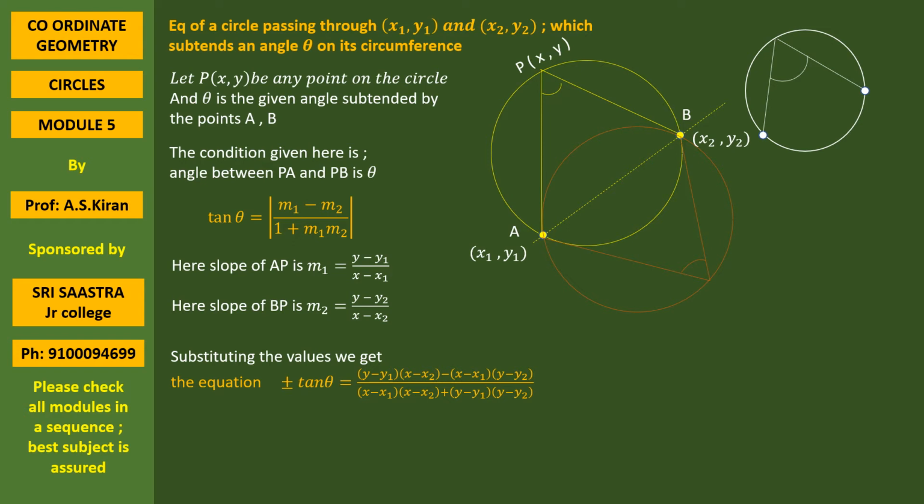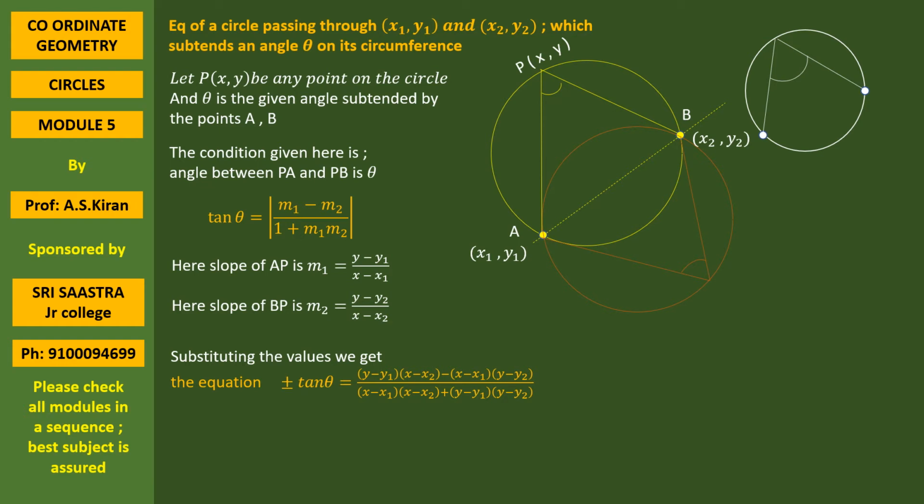Plus or minus tan theta is equal to [(y minus y1)(x minus x2) minus (x minus x1)(y minus y2)] by [(x minus x1)(x minus x2) plus (y minus y1)(y minus y2)]. Please remember that as a formula. It's a very important formula for all your competitive examinations. For what is it the formula? There is a circle.